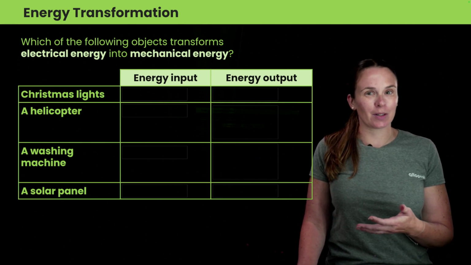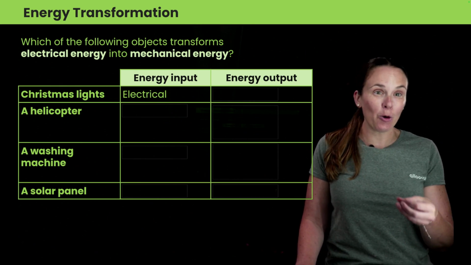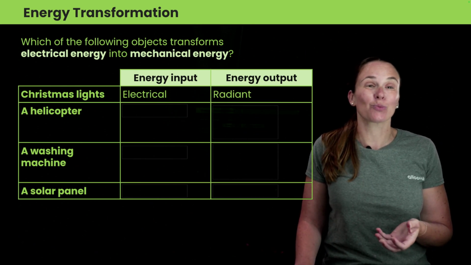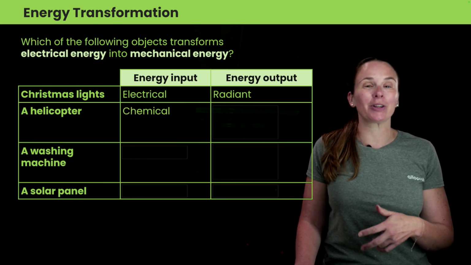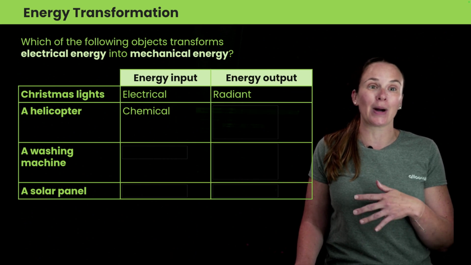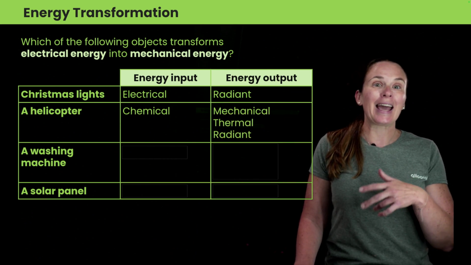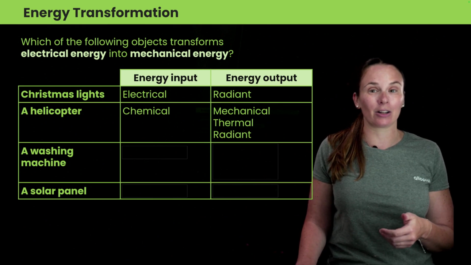So we have the Christmas lights, and the energy input will be electrical energy, and the output that we want from those lights is radiant energy. We want those lights to sparkle at Christmas time. A helicopter, well, the input is chemical energy through fossil fuels, right? It needs that fuel to actually perform its job. And the output is mechanical, thermal, and radiant energy that we get out of that helicopter.